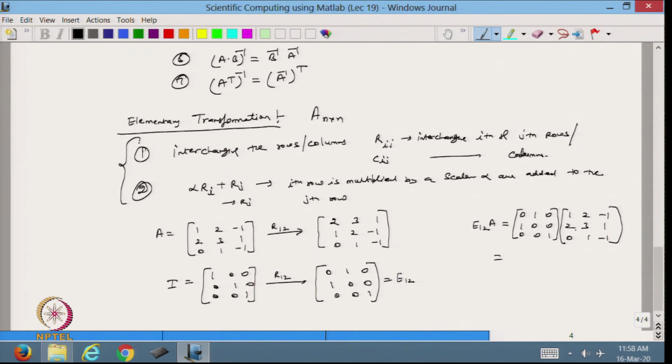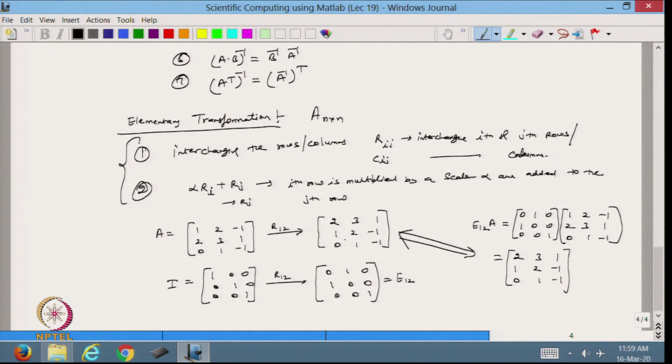The first row multiplies so that only the second row's coefficients come: 2, 3, 1. Similarly, the next comes out as the first row: 1, 2, minus 1, and then 0, 1, minus 1. If you see, this is the same as the earlier result.